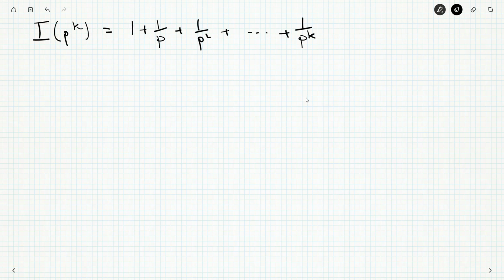And I know it's less than I of p to the k plus 1, but this actually has a common ratio of 1 over p, and so this should be less than the infinite sum.